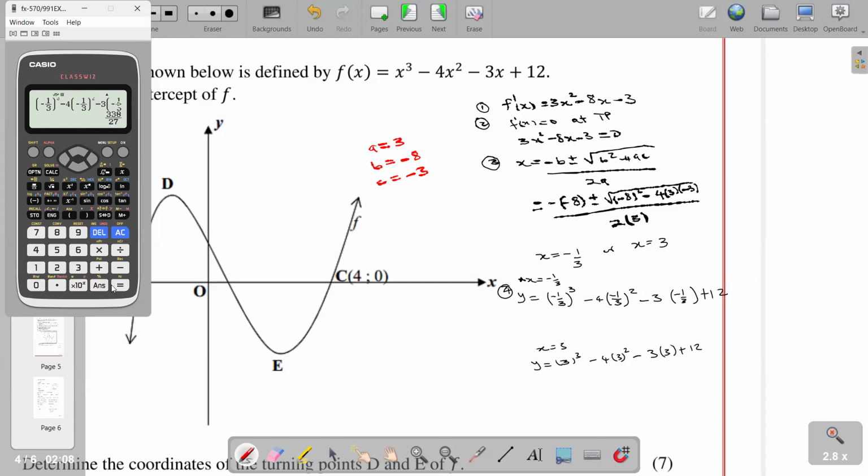So the answer is going to be what? It is 338 over 27. We are getting 338 over 27.